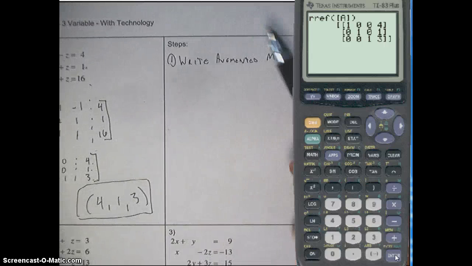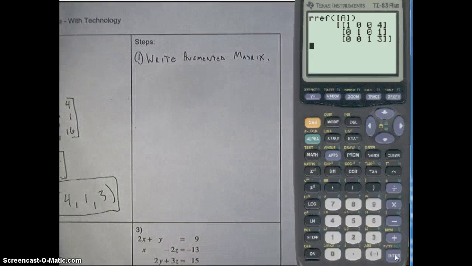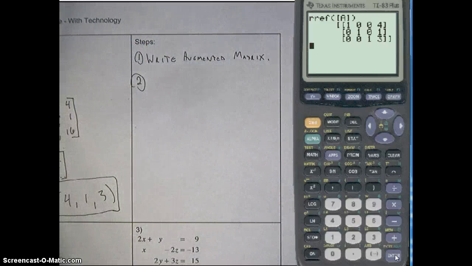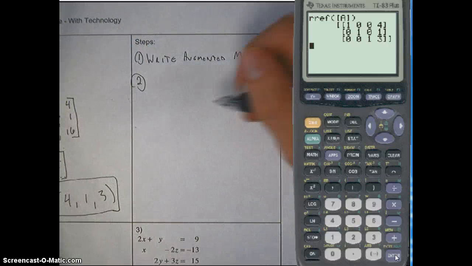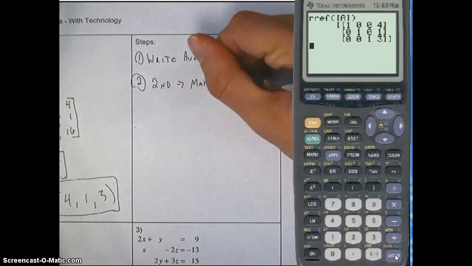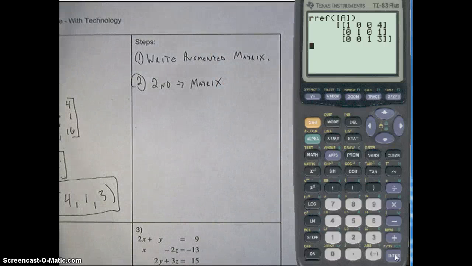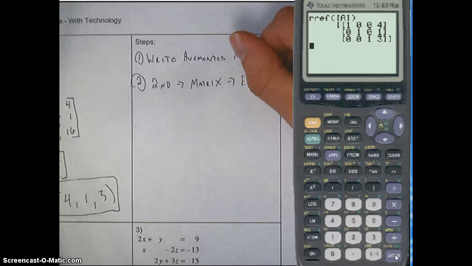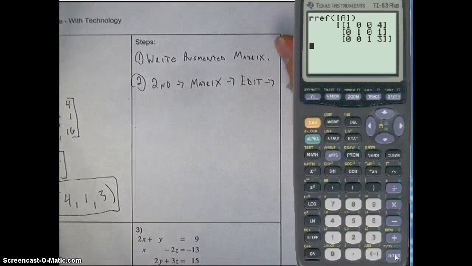After you write the augmented matrix, you type it into the calculator, and the place you do that is second matrix, edit, and you edit matrix A.